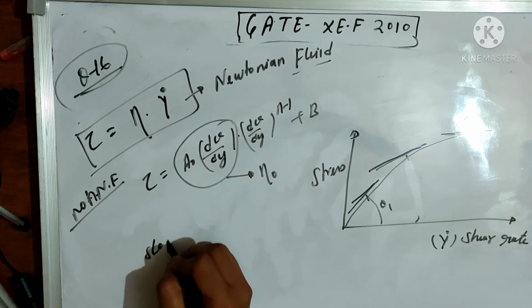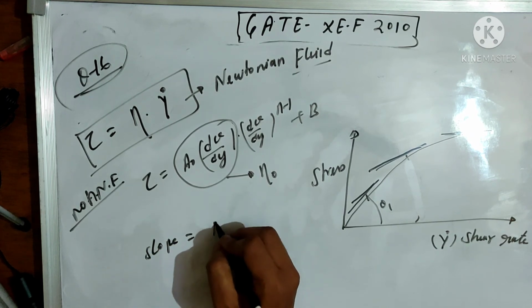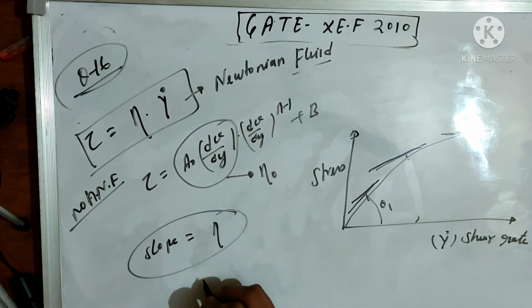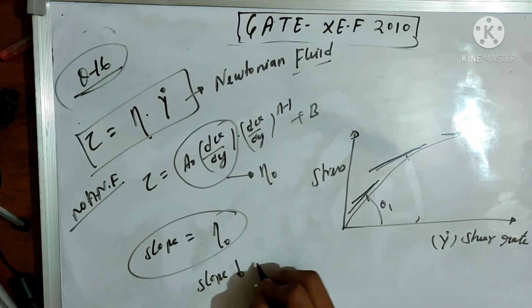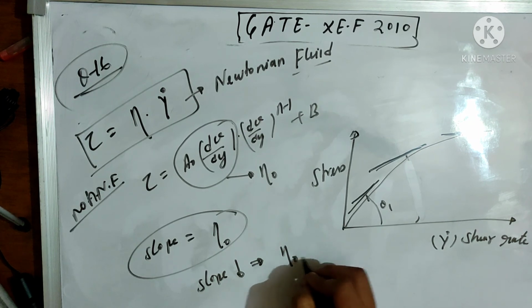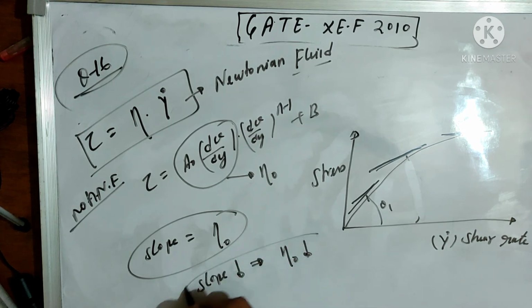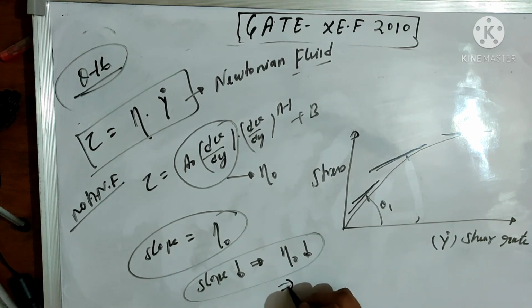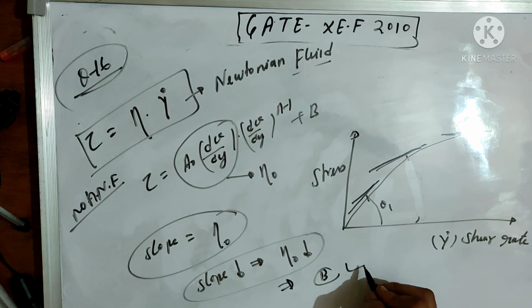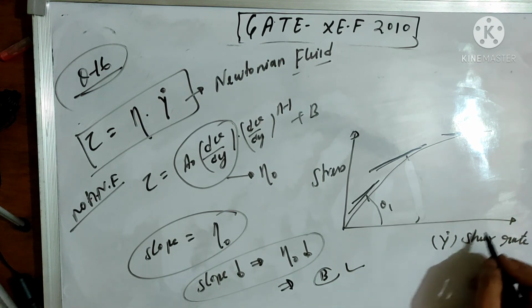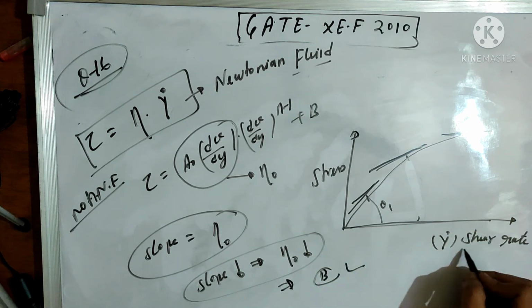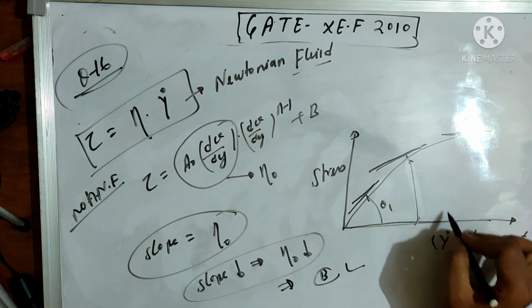The slope of the curve is equal to the apparent viscosity. If the slope decreases, then the apparent viscosity also decreases. So option B is correct. Viscosity decreases with increasing shear rate. In the question you can see that with increasing shear rate, the slope of the curve continuously decreases.